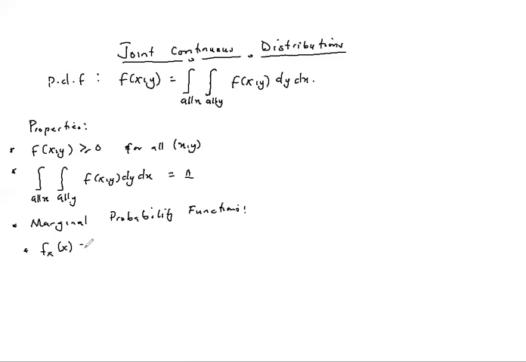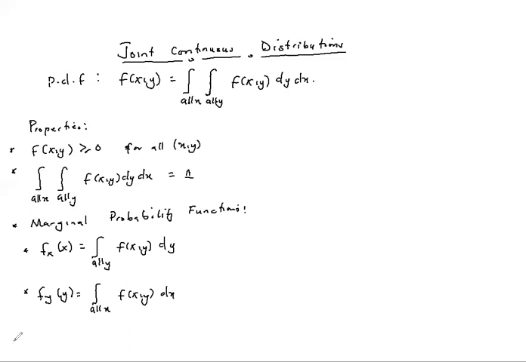It's just the integral over oy, f of x,y, dy. Then you also need f of y. So you integrate over ox, f of x,y, dx. So now we can look at an example.